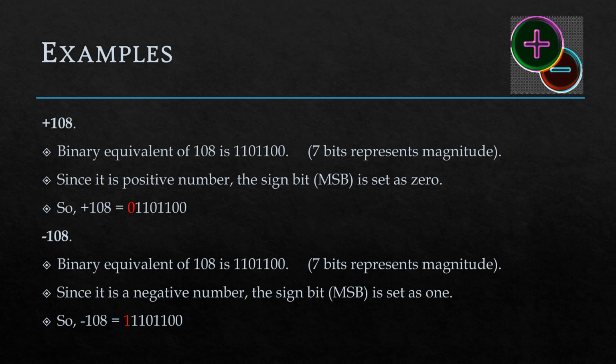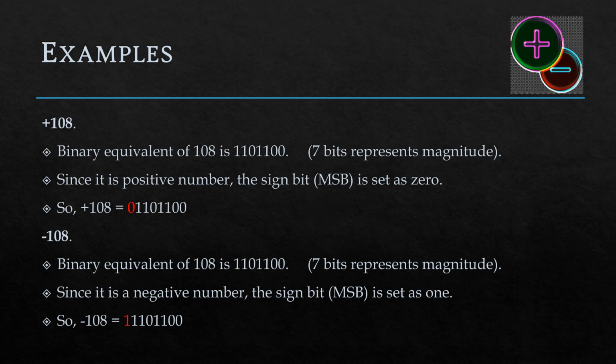Now let's represent minus 108 in sign and magnitude form. Here also we need the binary equivalent of 108. We already know its binary equivalent as 110 1100. Here the sign is minus, so we need to set the MSB as 1.